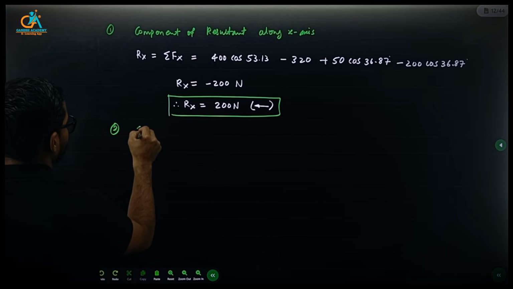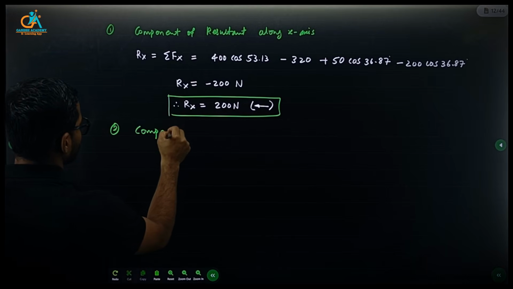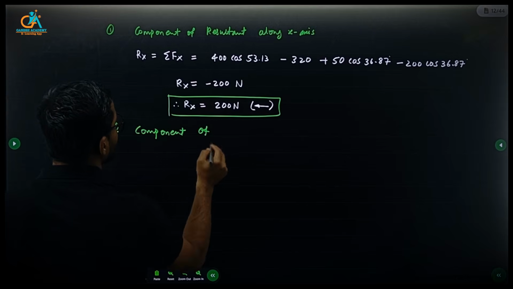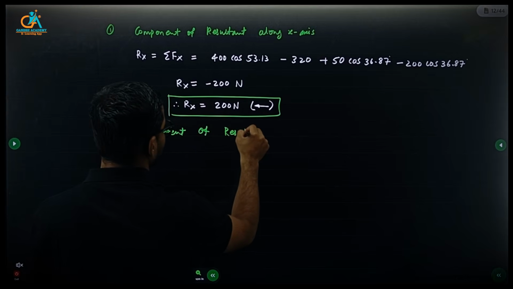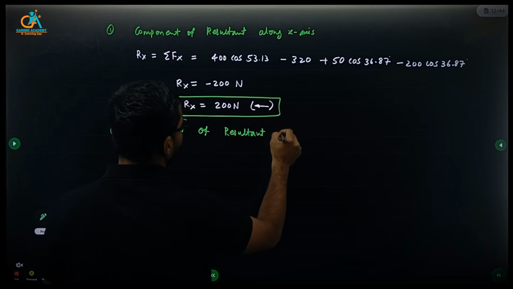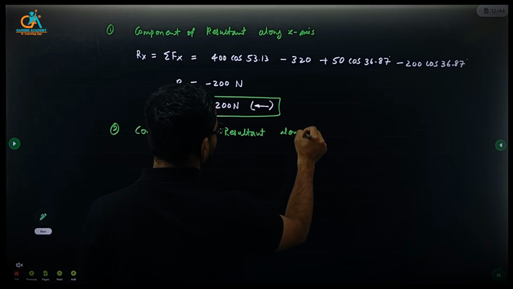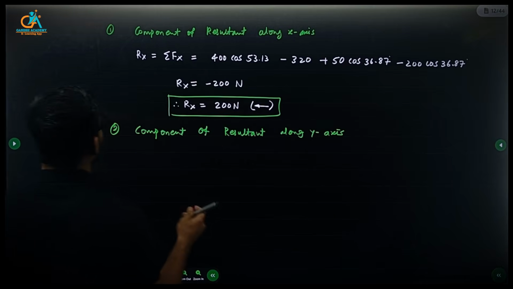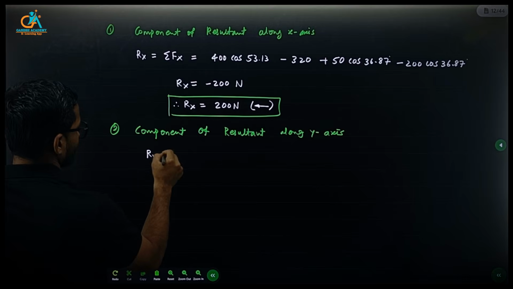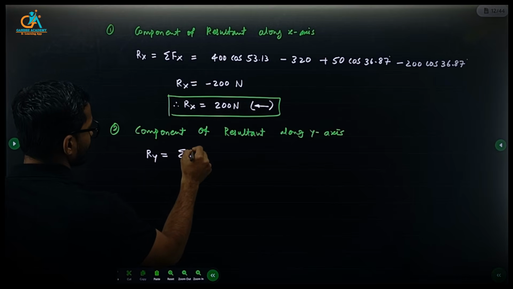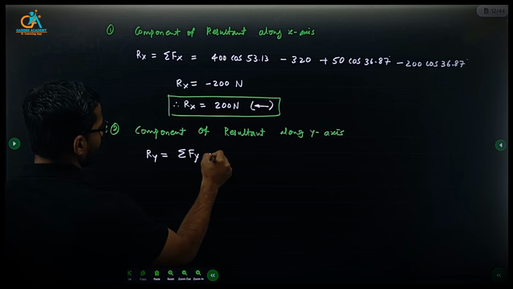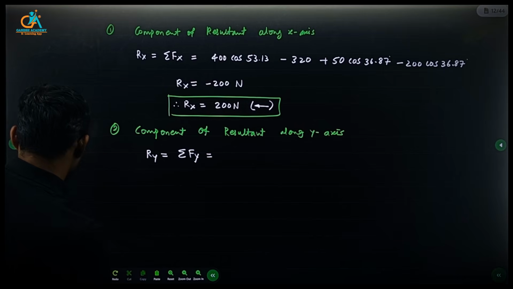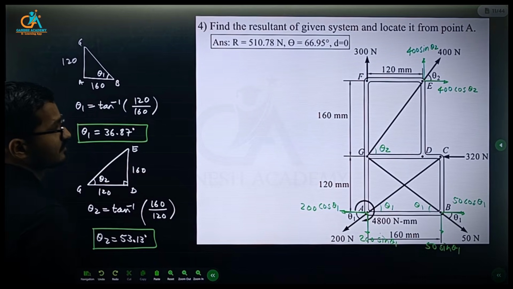In the same way, find the component of the resultant force along the y-axis, Ry, which is equal to the sum of Fy. Upward force is positive, downward negative.